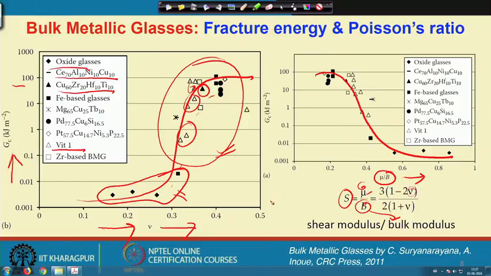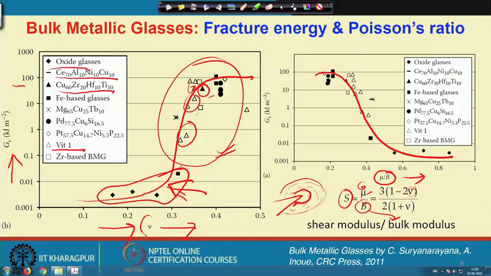If there is a crack and there is a large plastic zone, then it is expected that the material will show a higher fracture energy. However, if this zone gets smaller and smaller, and reaches the micrometer scale, then you will get such behavior with a low fracture energy.